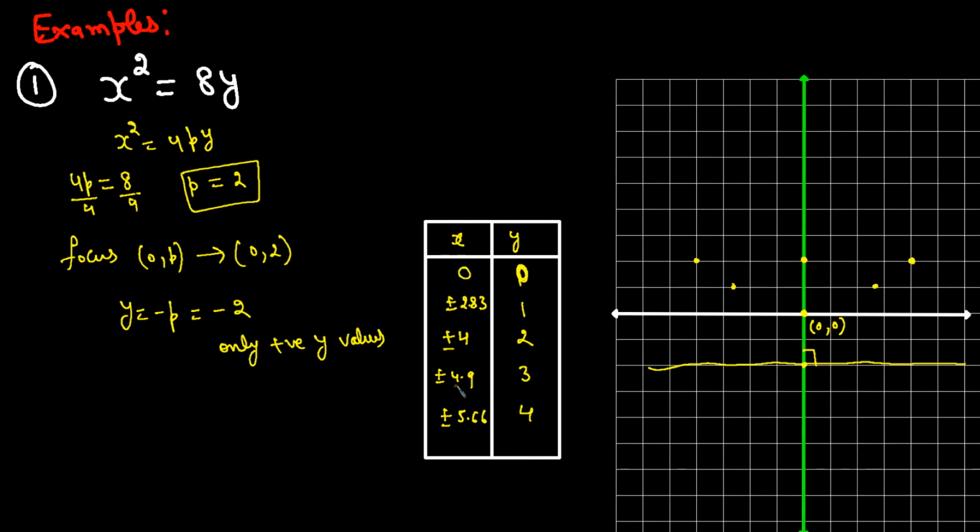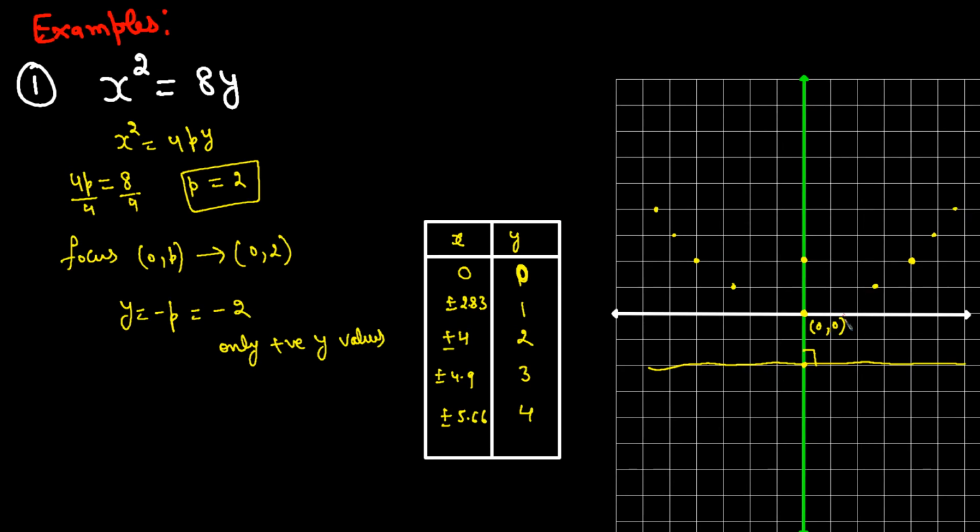Then when y is 3, x is almost 5, so 1, 2, 3, 5 is here, almost 5, and on the positive side. And when y is 4, it is 5.6, which is somewhere there. 1, 2, 3, 4, 5, and I'll say 6 is here.